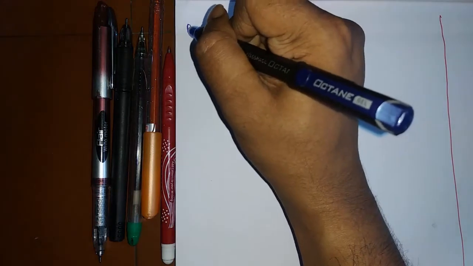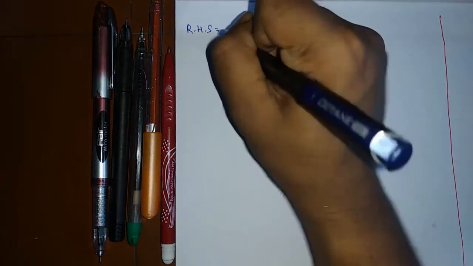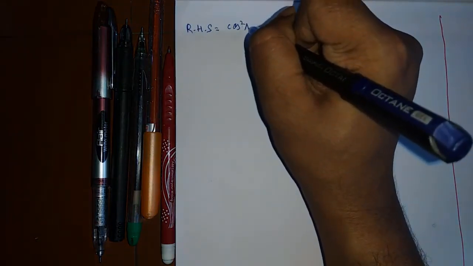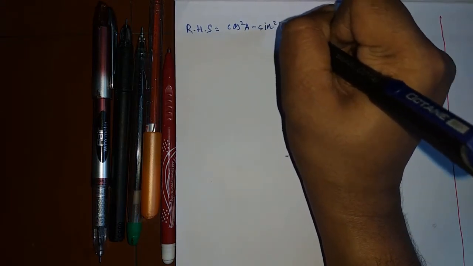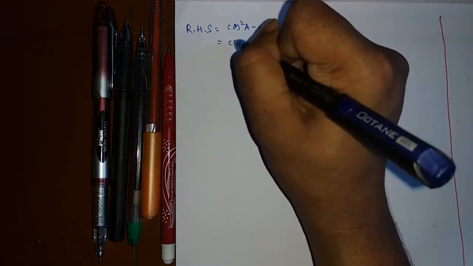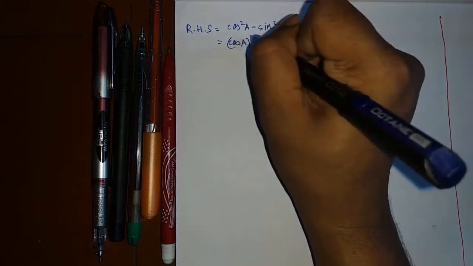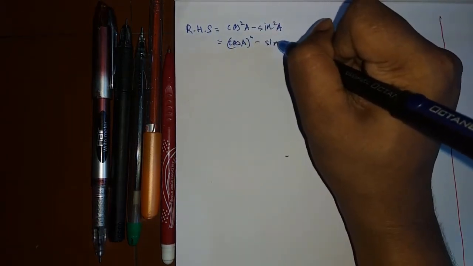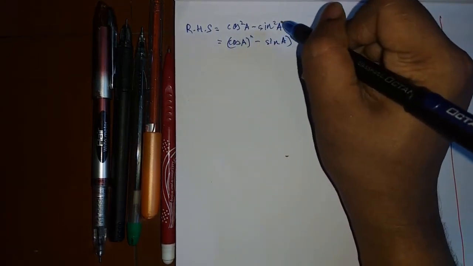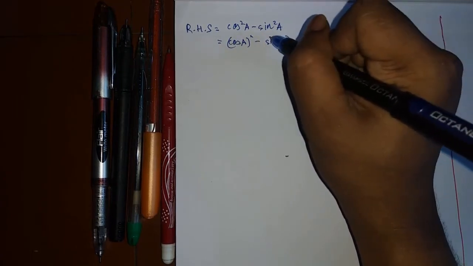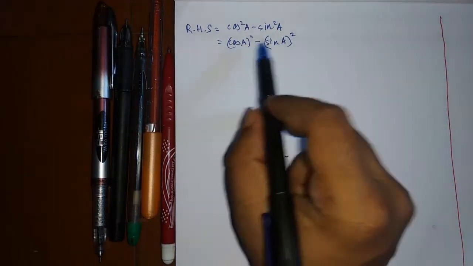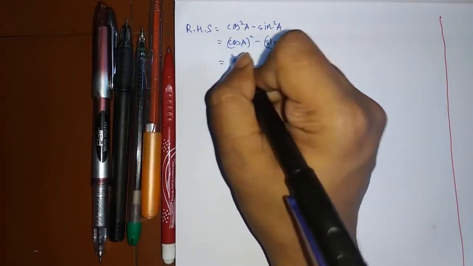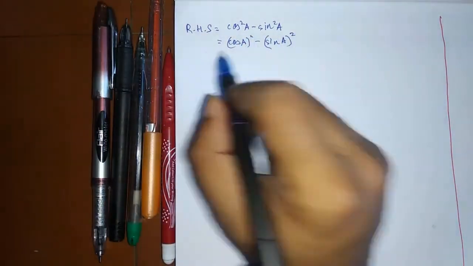RHS equals cos square A minus sin square A. Write this expression as cos A whole square minus sin A whole square. You need to take this square outside. It's just cos A and sin A inside. So you just need to find cos A and sin A and plug in the values.